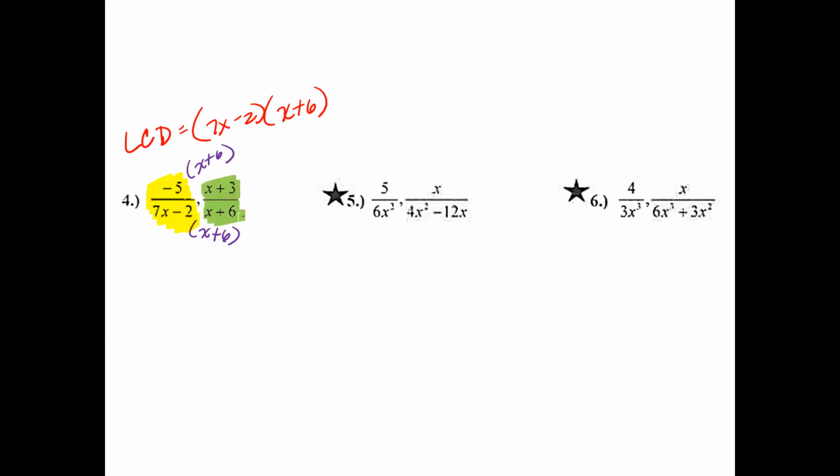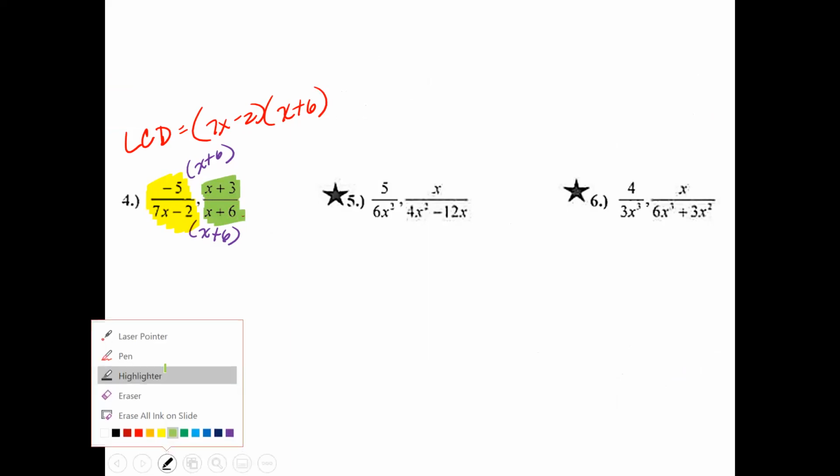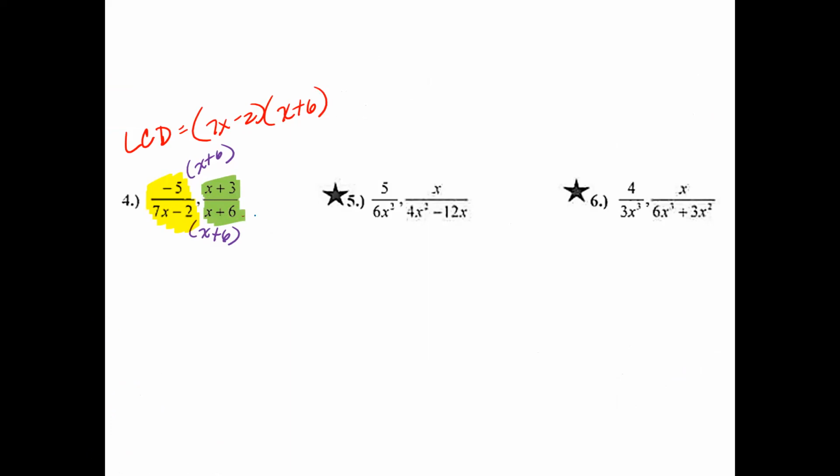I have the x plus 6, but it looks like it's missing that 7x minus 2. So I will have to multiply the second fraction by 7x minus 2, top and bottom. And that's how you find the lowest common denominator. We're not adding or subtracting yet. Right now, I'm just having you guys practice finding them.